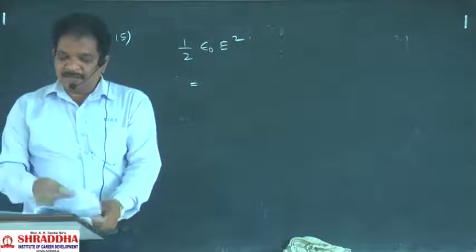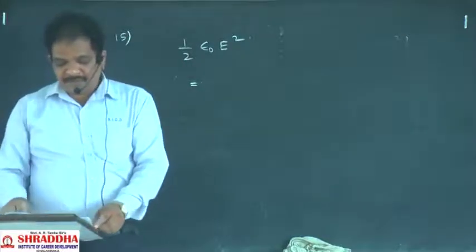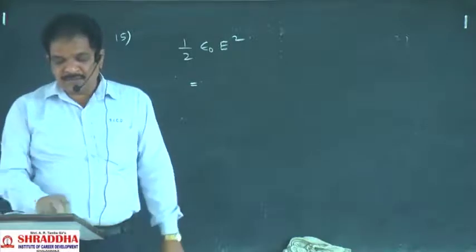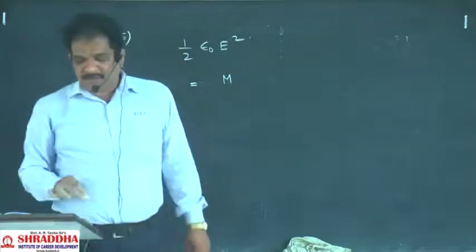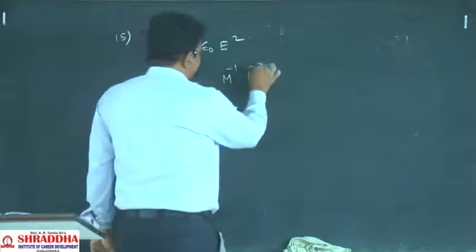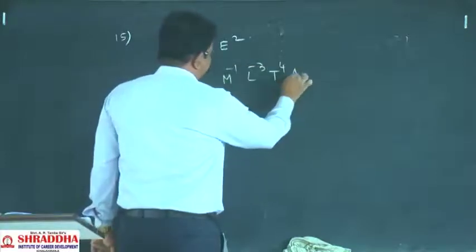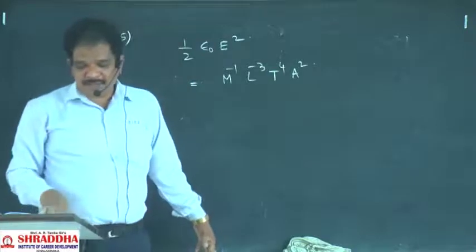Epsilon naught, the permittivity of the vacuum, dimensional formula is M power minus 1, L power minus 3, T power 4, A square.